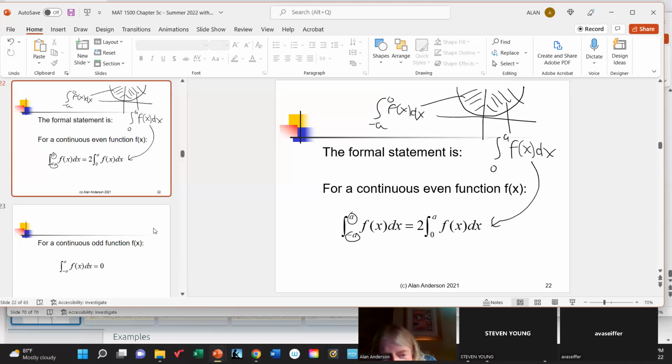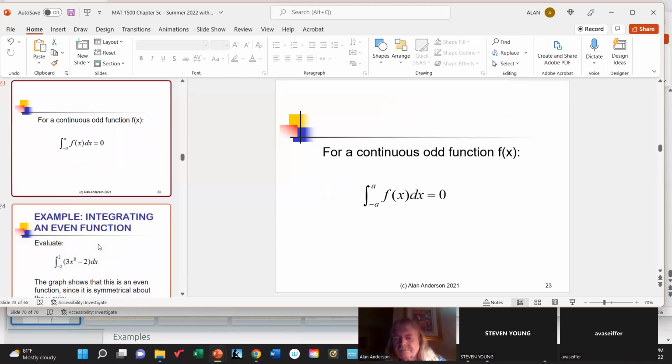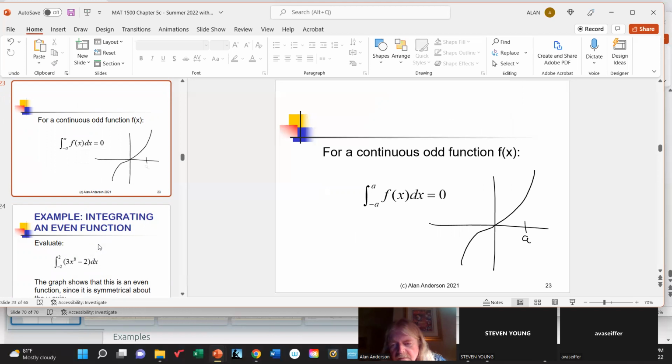Now with an odd function though, here's what happens. If you're doing something like this, here's a, and here's -a. Those two will add up to 0 because one is the negative of the other.